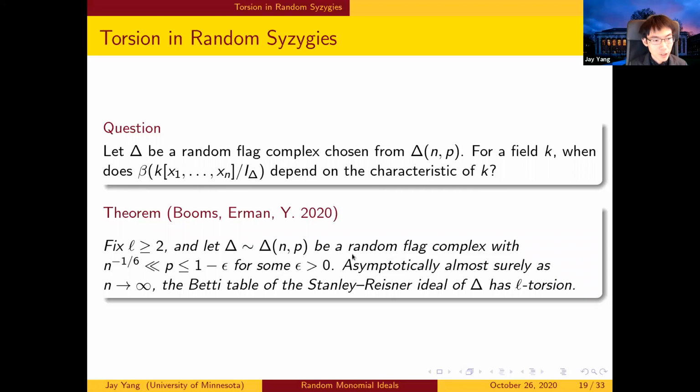So what we prove is that for any prime, we take our random flag complex, take our random Stanley-Reisner ideal associated with it, then asymptotically almost surely, the Betti table has torsion in that prime.